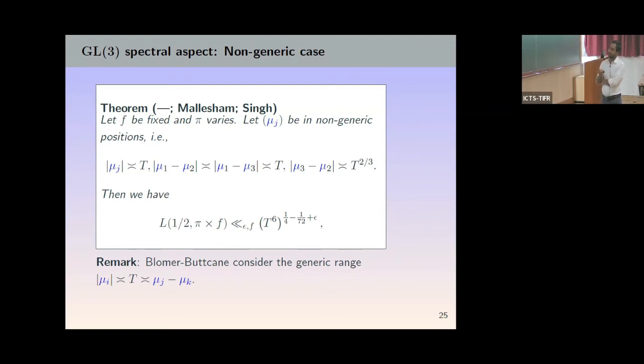In his result, he considered these parameters to have size T, and all the differences also have size T. But here, note that we are taking the difference to be smaller. The ultimate goal should be: can you prove subconvexity when they are just the same, say mu2 is equal to mu3? That is an even more difficult problem.